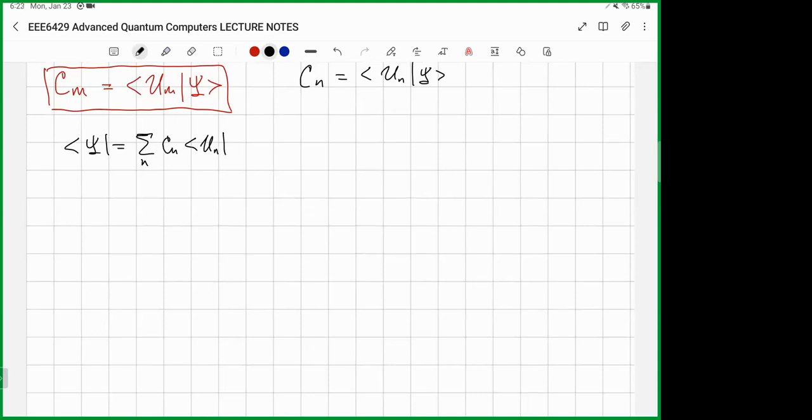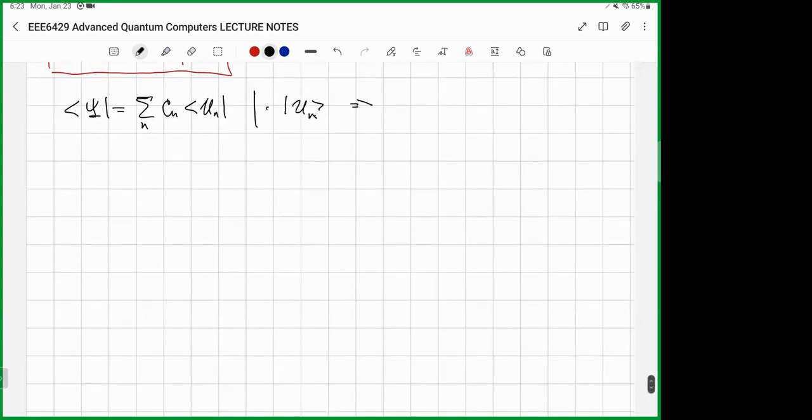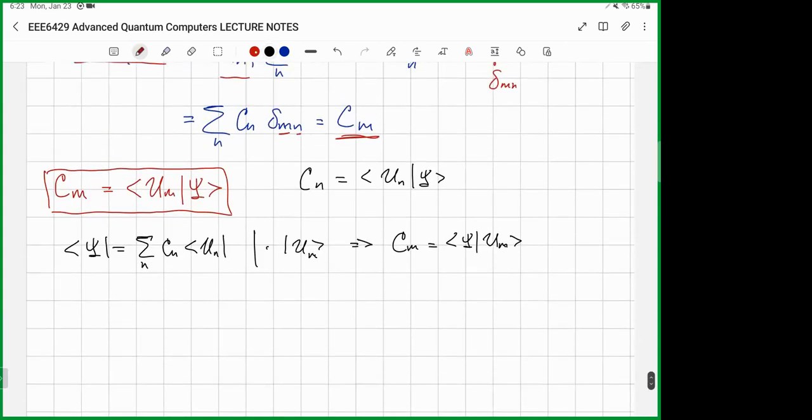Other basis vectors. So now we multiply the same on the right by ket vector m, and follow the same procedure. From this we will get cm, but psi times um. So as you can see, the difference is only in the order of the product.